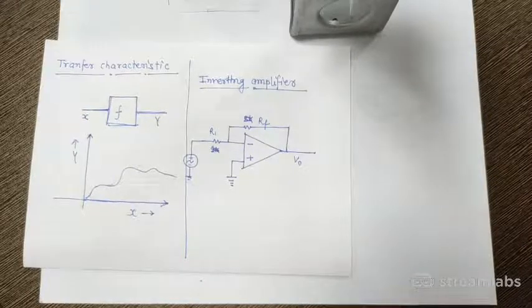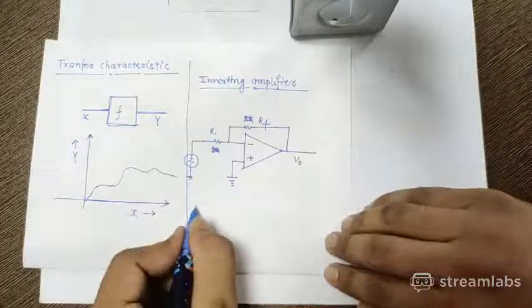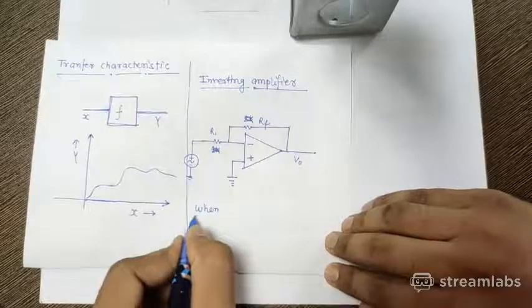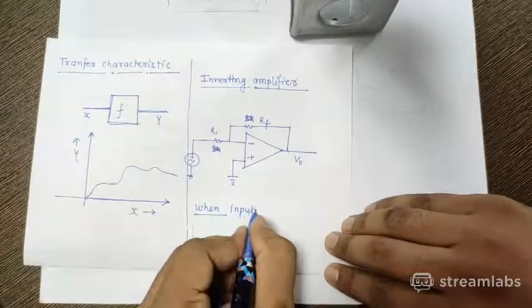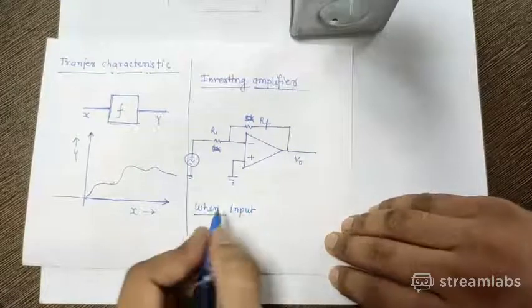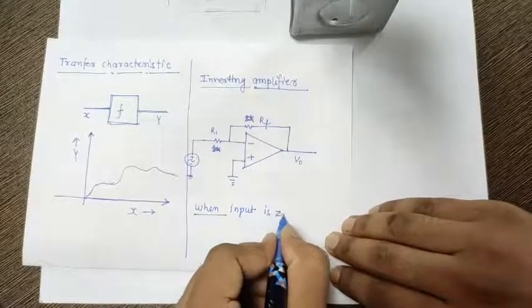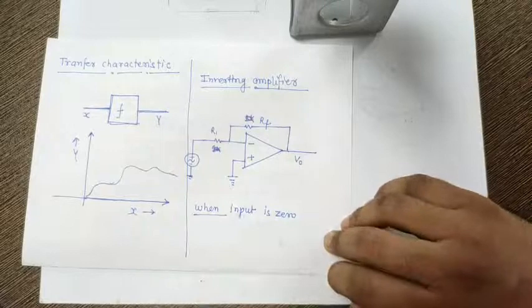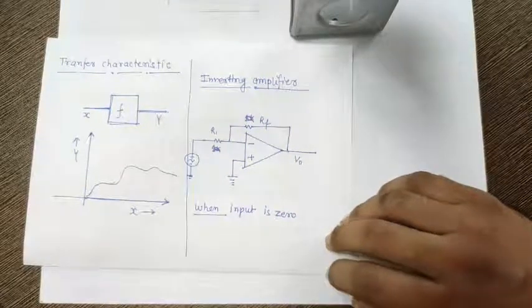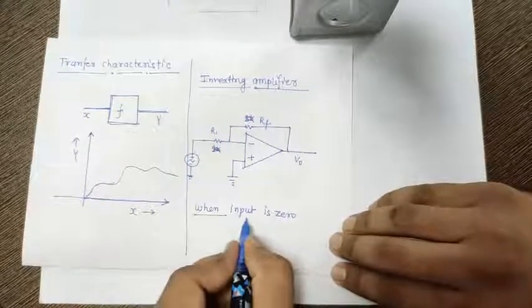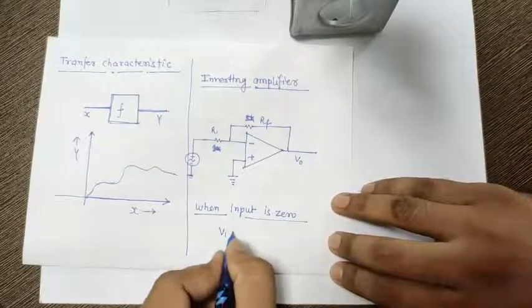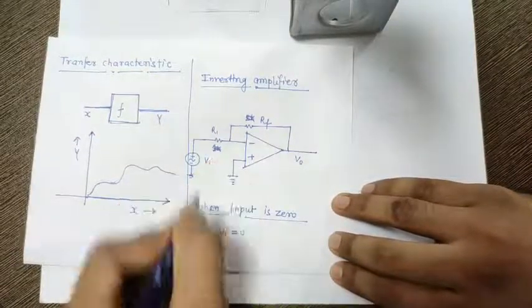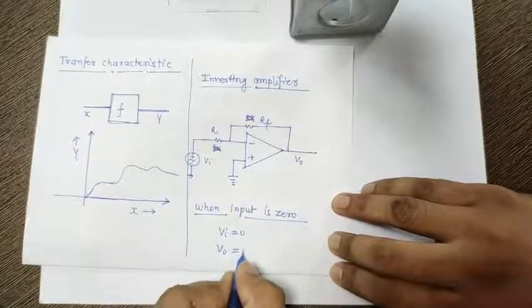What will happen when input is 0? When Vi equal to 0, then V0 is also equal to 0.